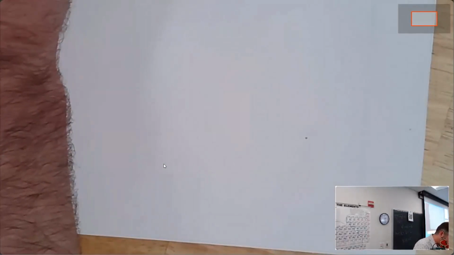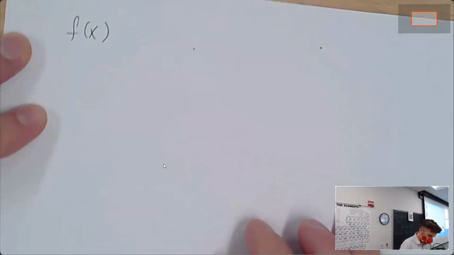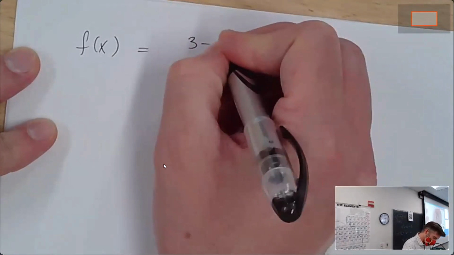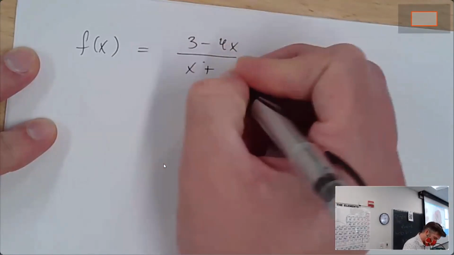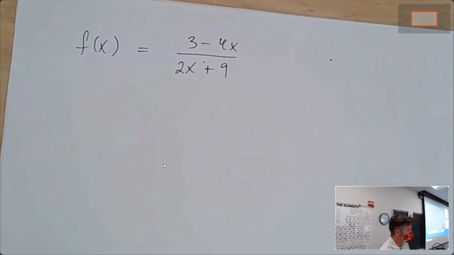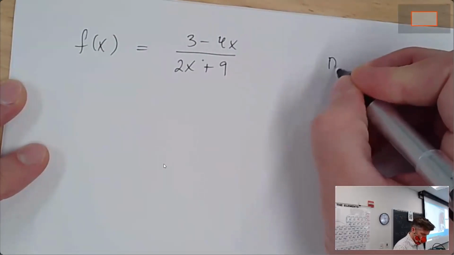So let's say we have this function, f of x equal to (3 minus 4x) over (x plus 2x plus 9). And I want to find the range of this function. Well, first off, let's just talk about the domain for a second. What's not in the domain?